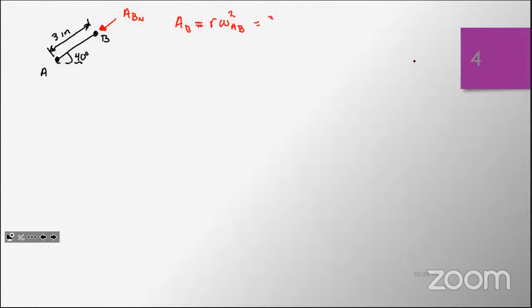We can plug in some numbers, right? So I'll get 3/12 times 209.4. What didn't I show you guys here? The conversion from RPM to radians per second, right? Yeah, AB is R omega squared AB. That's given.